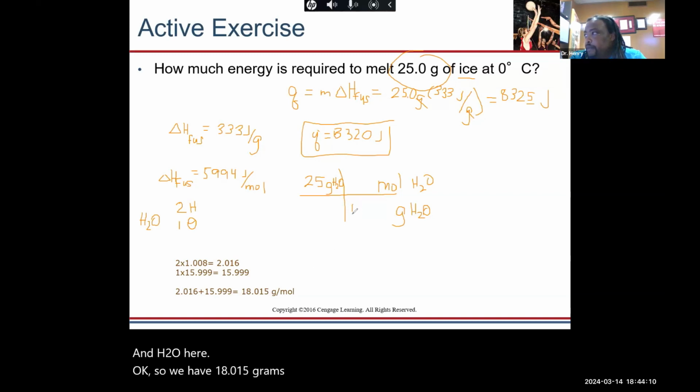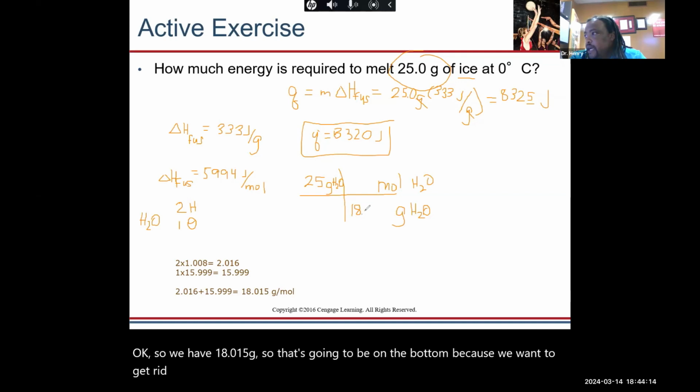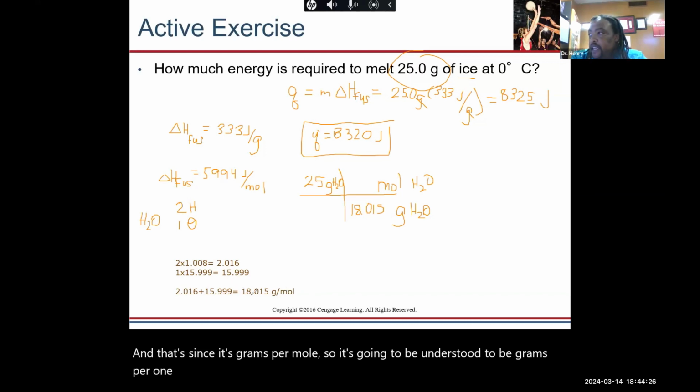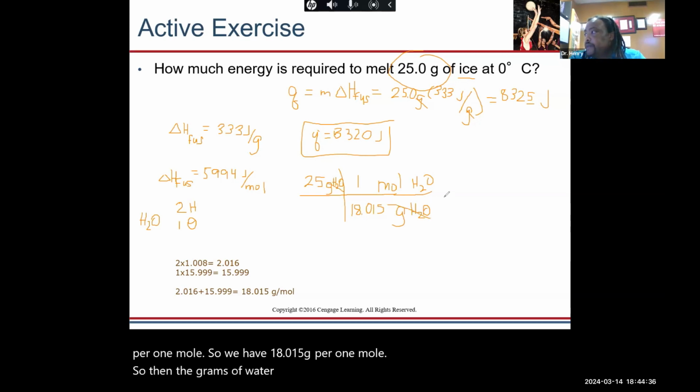So that's going to be on the bottom because we want to get rid of grams and we want moles. So then moles are going to be on top. And since it's grams per mole, it's going to be understood to be grams per 1 mole. So we have 18.015 grams per 1 mole. So then the grams of water are going to cancel out.